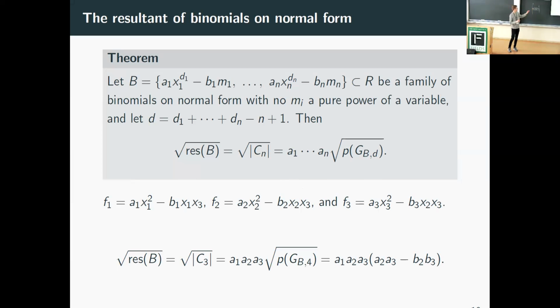So in that case the irreducible factors of the resultant are some product of a1 to an, and then these binomial factors.